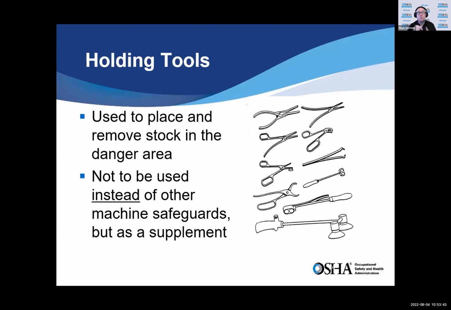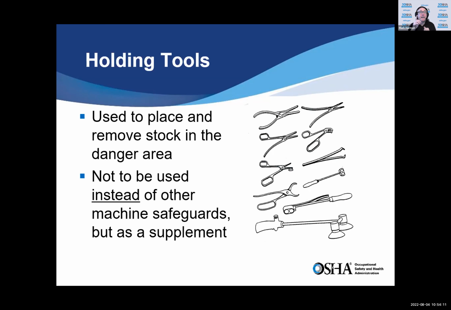One of the big things with these types of tools is they should not be made out of hardened steel, something that will not withstand the force. I'll give you an example. If the machine cycles and you had the part held with pliers, what if the machine hits the pliers and not the part?